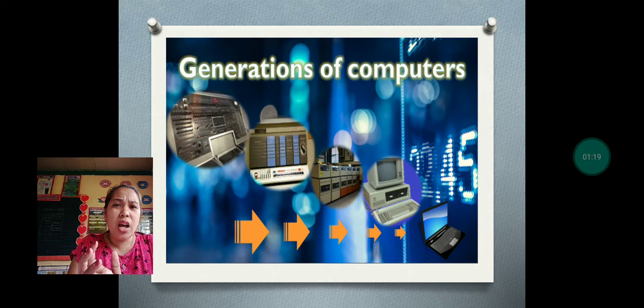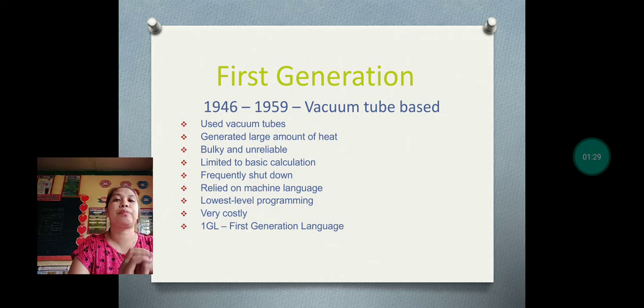So there are 5 computer generations, but as I have said, I will just tackle the first and the second generation. The first generation was developed between the years 1946 and 1955, and it is vacuum tube based. These are the following characteristics of the first generation computer.